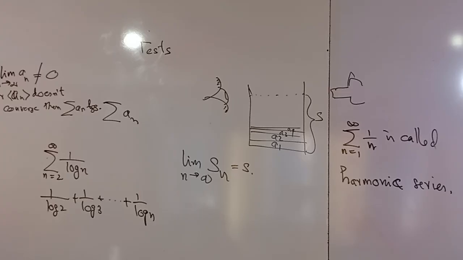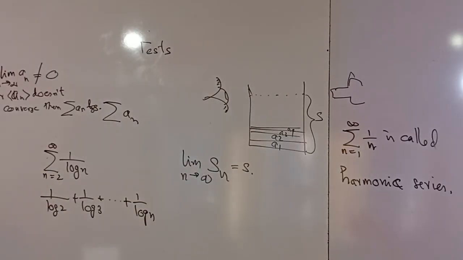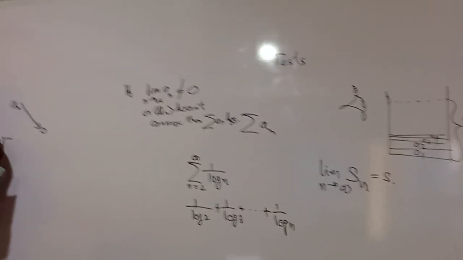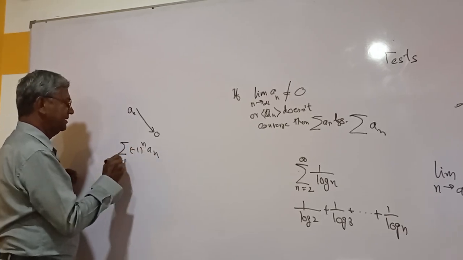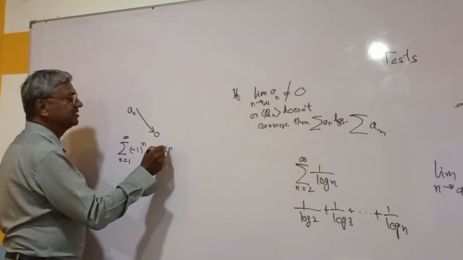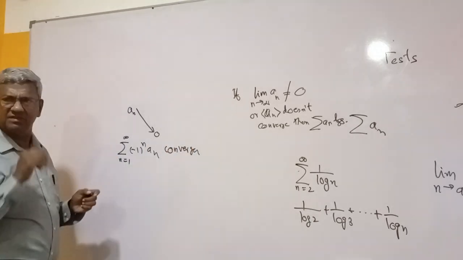And then the alternating series test: you have some sequence a_n that decreases to 0. Then the test says the sum of minus 1 to the n times a_n, n going on to infinity, converges. Did we go through this? Did we prove it?